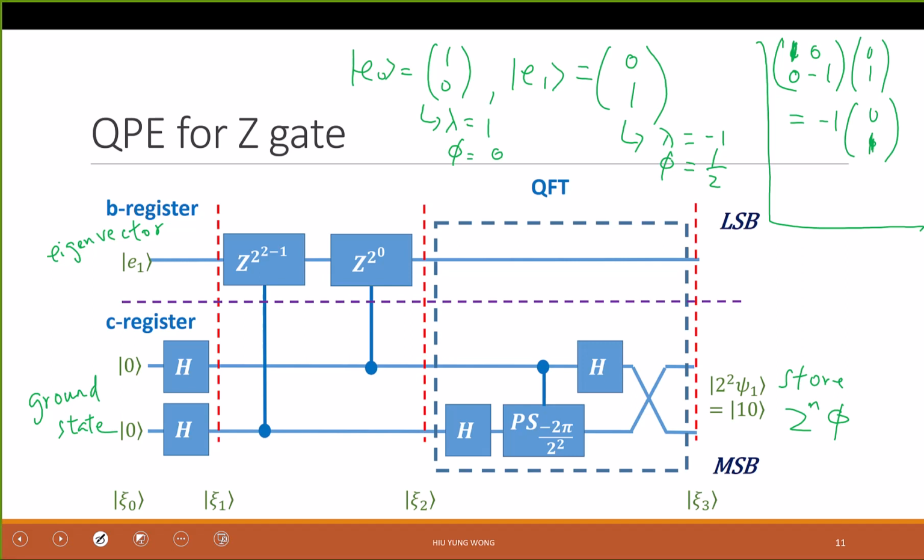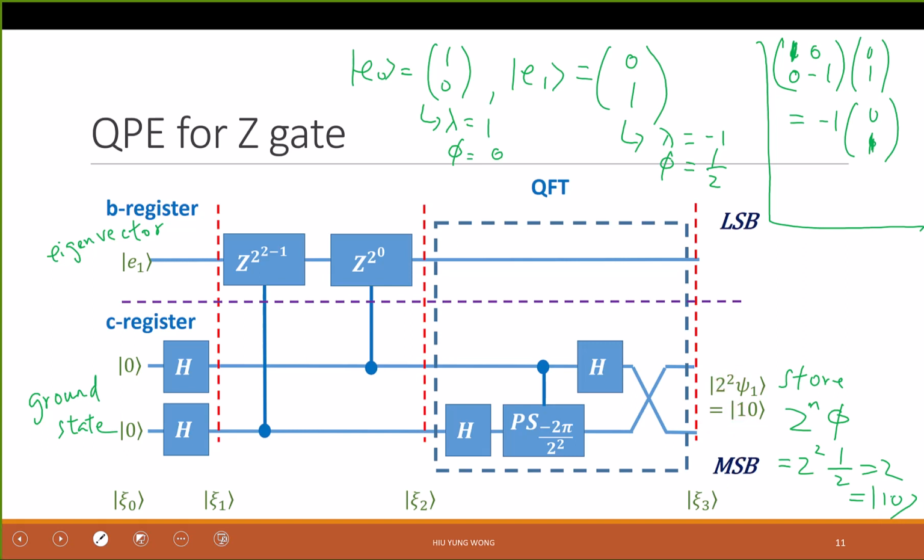What is n in this case? 2, because I have 2 qubits. So it's 2 to the power 2 times phi. Okay, we store it that way. And that's why here I say this is equal to 2 to the power 2 times 1/2, equal to 2, which in binary is 1, 0. When you do measurement, you will get 1, 0.